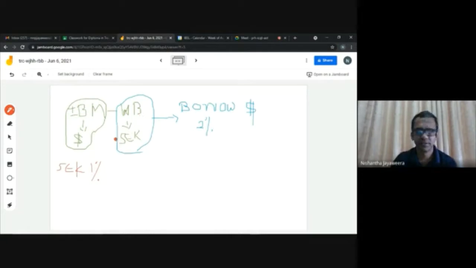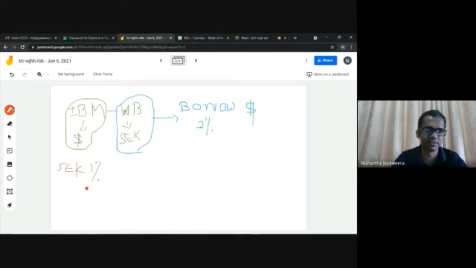So what IBM can do is borrow Swedish krona at 1%, sell it in the market and convert it into dollars, and generate whatever dollars are required. Then what are the risks that they face? They are exposed to the interest rate risk of the Swedish krona, which is inevitable because they want to borrow.